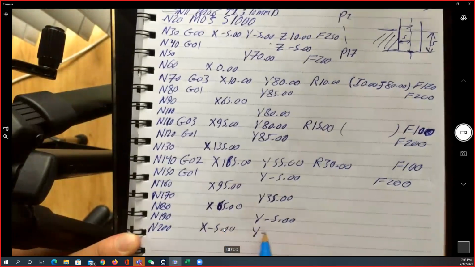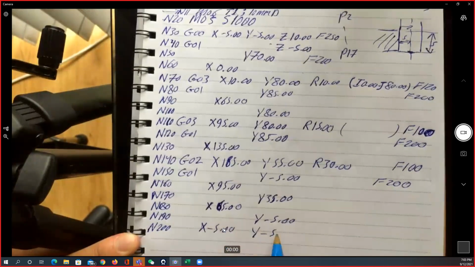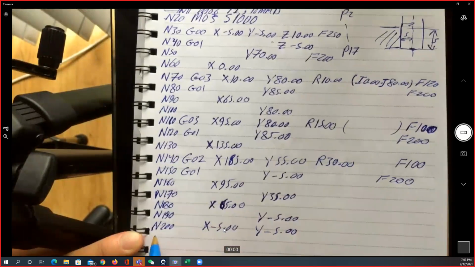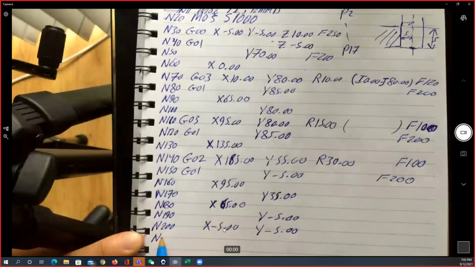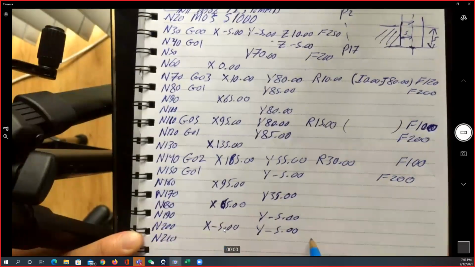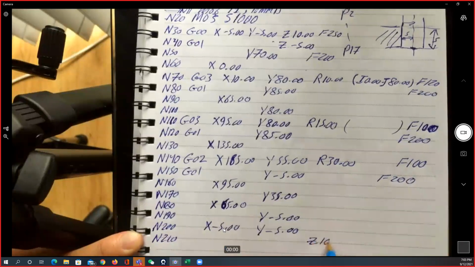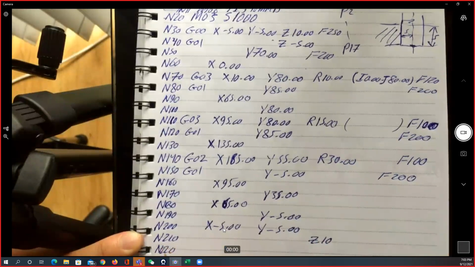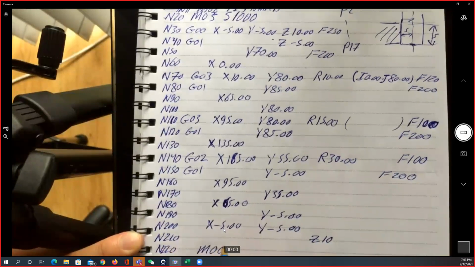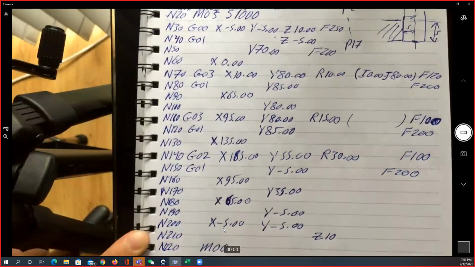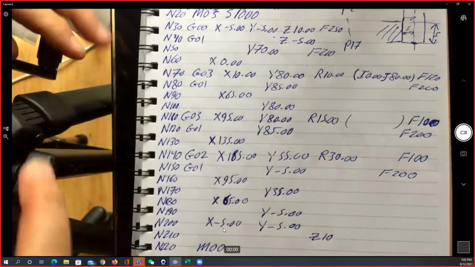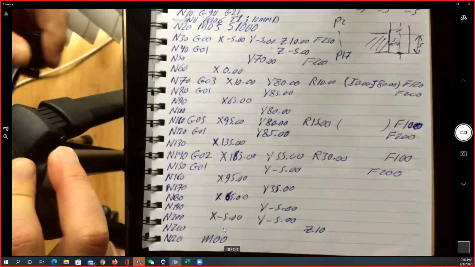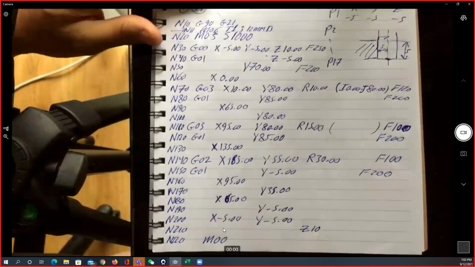The Y is equal to -5. Okay, and finally, we are going to go up above the part. N210, the Z equal to 10. And finally, we need to turn off the machine because it's very important. N220, M00. I will go upward a little bit. So the whole code now is in front of you.